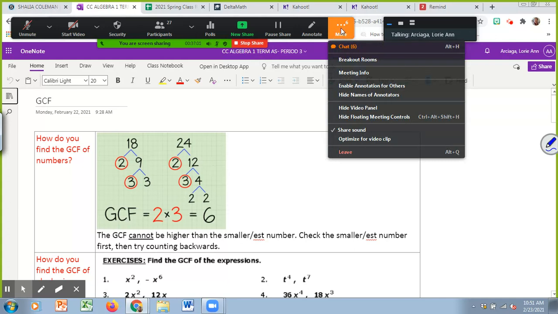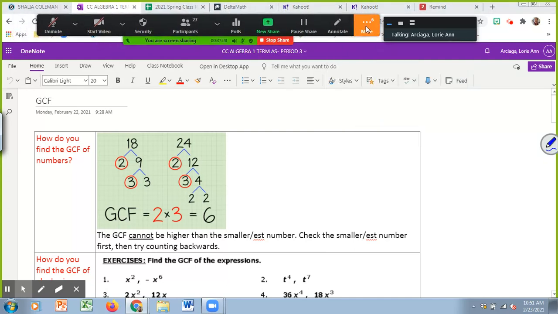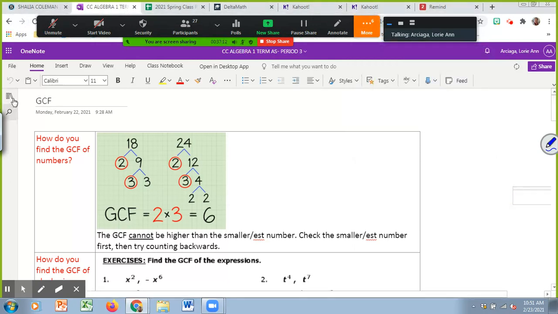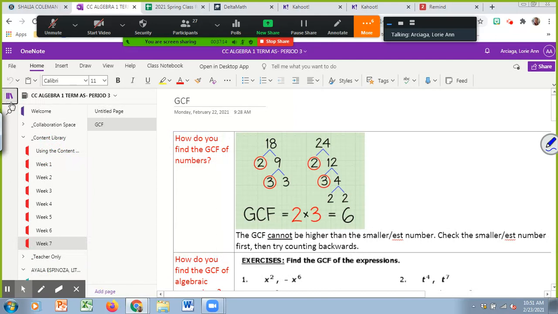So, we will use what we learned about greatest common factor to factor out polynomials. Okay? On this page, go ahead and find this page for me so I can give you some extra credit points as well. Who wants extra credit? No one?